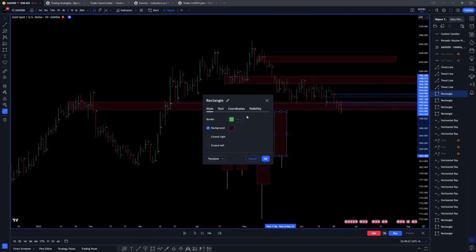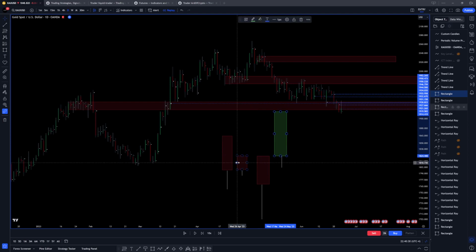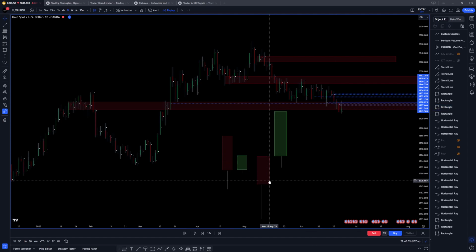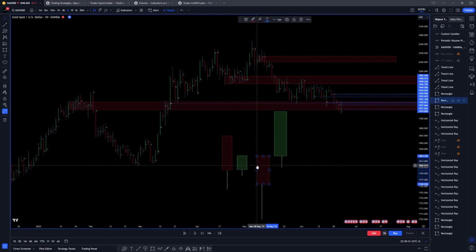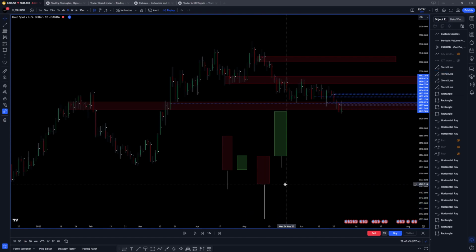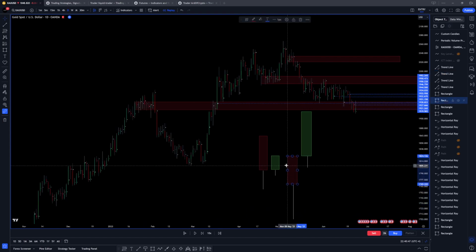Let's just say that this obviously is green, and then this one is green and green. So let's say you got a candle structure like this. This off center is messing with me. Whatever.